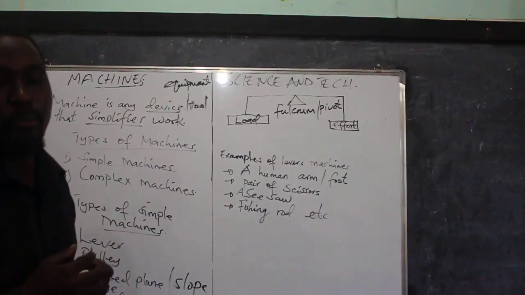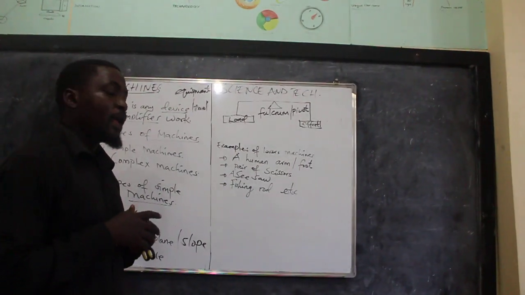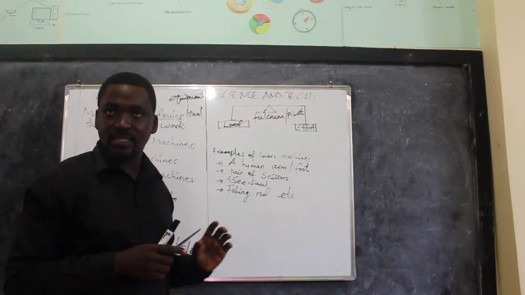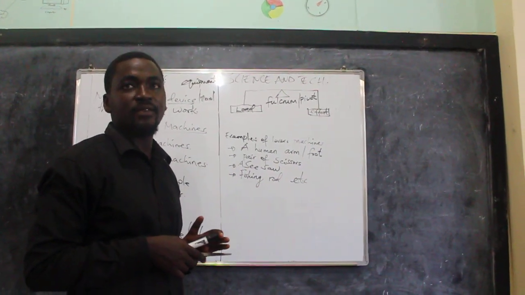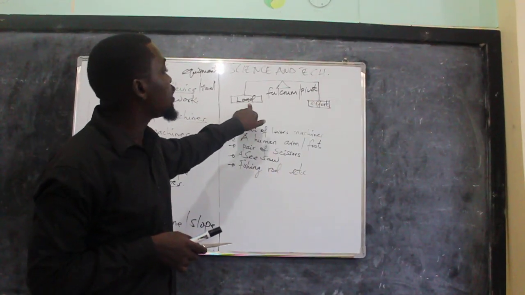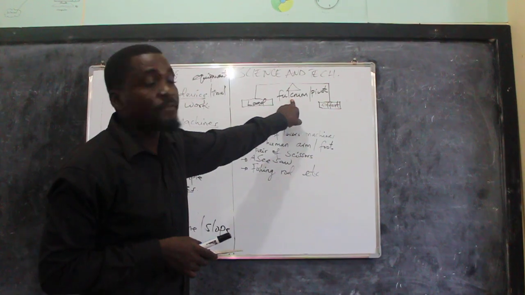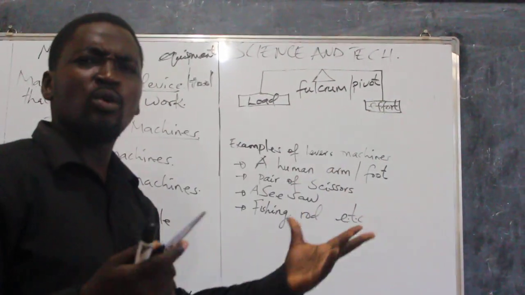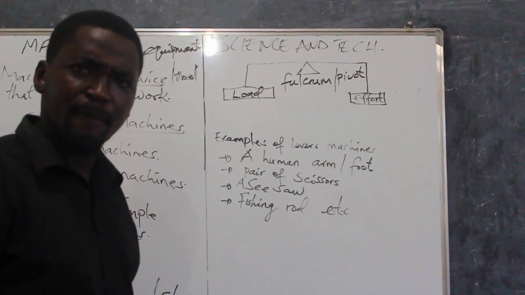Those are the three parts of the lever. If you find any machine comprising three parts, that is a good example of a lever. If it has the load, the fulcrum or pivot, and the effort, that is a good example of a lever.